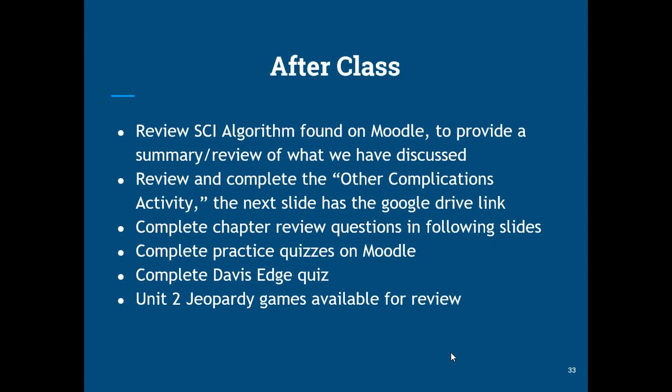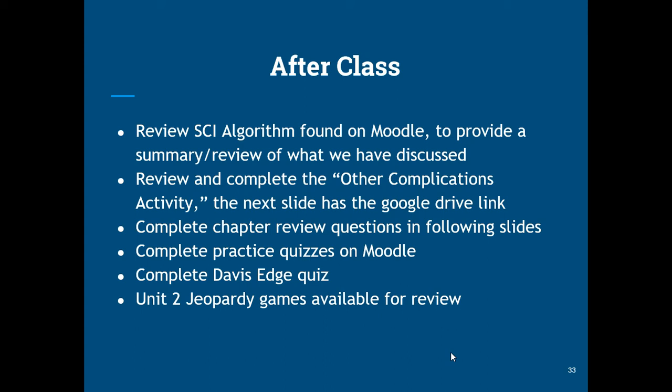So make sure you review the spinal cord injury algorithm, which is not on Moodle. There's also the other complications activity to review and complete. There's a Google Drive link on this next slide for you to complete the chapter review questions. And if there are any practice quizzes on Canvas, do those.